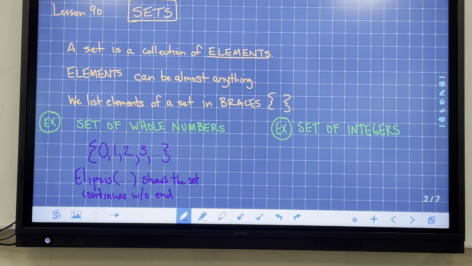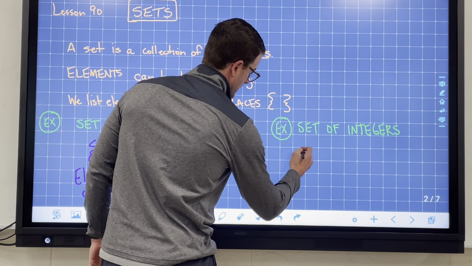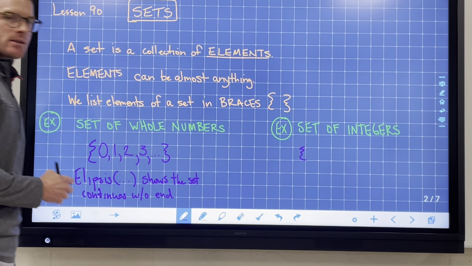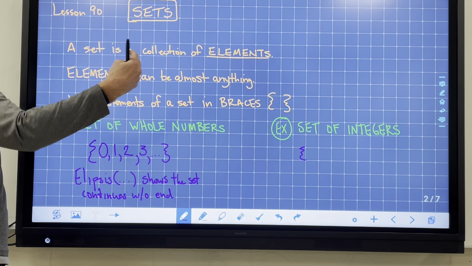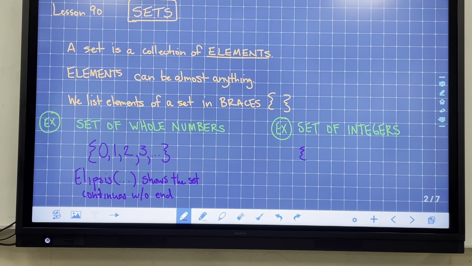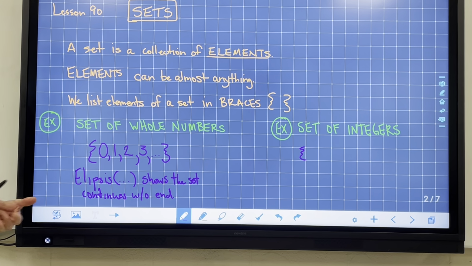Now, set of integers. If you haven't, pause it. Try to write the set of integers, knowing what we know about the set of whole numbers. We come into a similar problem with the set of integers. I'm going to use my brace to start. But this continues in both directions without end. Integers are the whole numbers, or basically counting numbers and their opposites and 0.